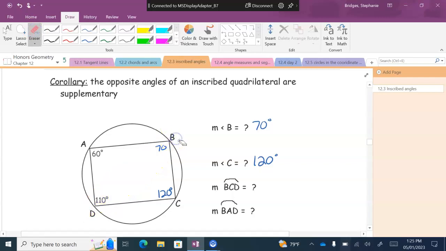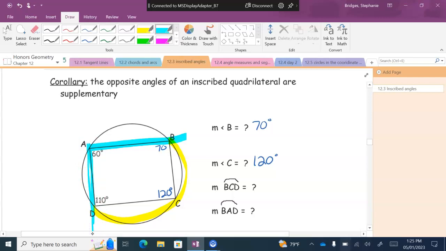This is best to watch my highlighter. Arc BCD. So we start at B, we go through C, and then we get to D, yes? What I have to know is what angle cuts that off. Is everybody watching? Not the phone, but my TV? Do you see how that arc is the edges of this angle right here?